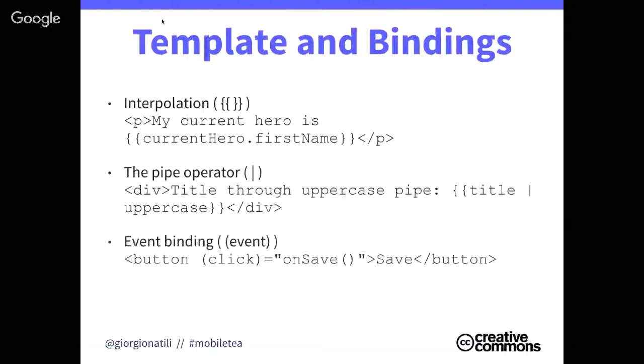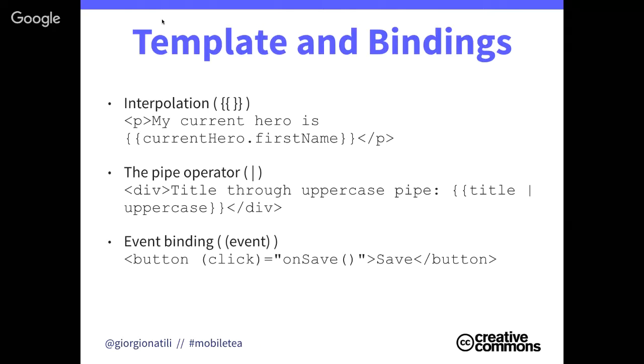Templates: you can use several bindings right now. The interpolation is the double curly brace; whatever variable or property you put into this double curly brace will be translated to a string, so you can populate your template with whatever you want. The pipe operator allows you to combine some properties like title with some directives like uppercase, to make the title completely uppercase.